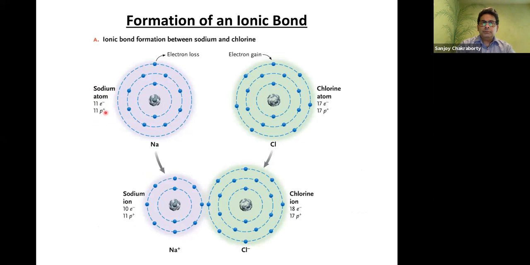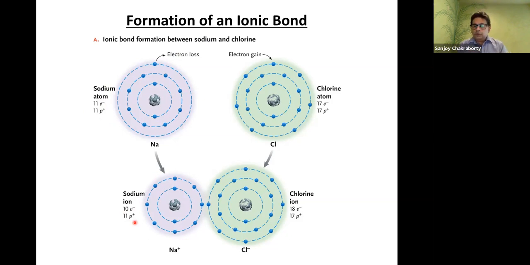Remember, protons are positively charged, electrons are negatively charged, together they're neutral. Now they lost 1 electron. That electron is gone. So they have 3 shells. Now the last shell we don't need, because there's only a lone electron. They're losing it. So now the sodium has 10 electrons, but 11 protons, because protons they didn't lose. They can't lose.